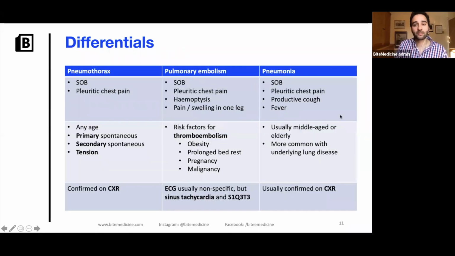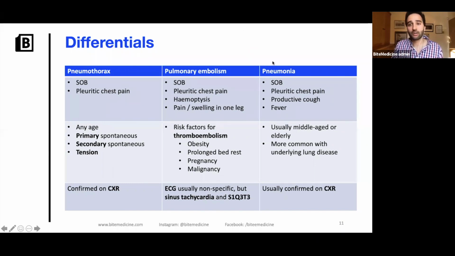Brilliant. So some differentials. At Biomedicine, and really clinicians everywhere, we propose this rule of three when it comes to giving differentials. So when you're in your exams, in your OSCEs, wherever you are really, if you can have a list of 3 good differentials, then you're sorted. So our top differential here is a pneumothorax, as we've talked about, but you have to think, what other things can cause shortness of breath and pleuritic chest pain?